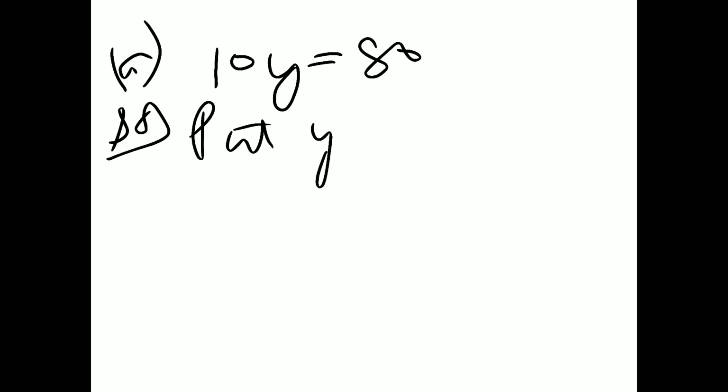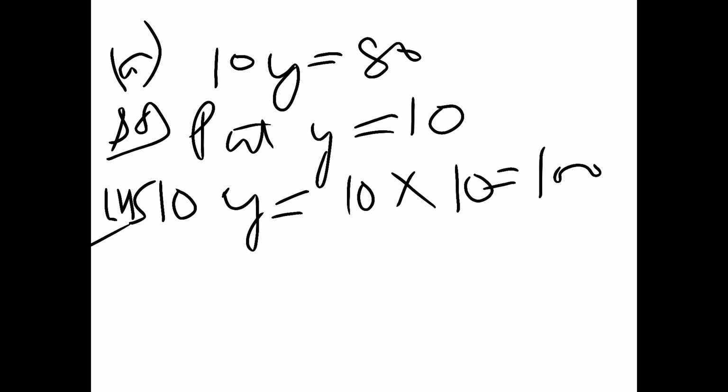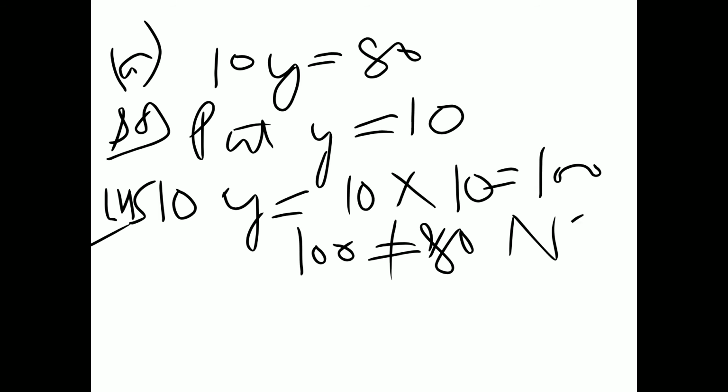They have given you 10. So in place of y you have to put 10. Left hand side, 10y is equals to 10 into 10, it will be 100. Clear? So 100 is equals to 80? No, it is not equal to 80, so the answer is no.